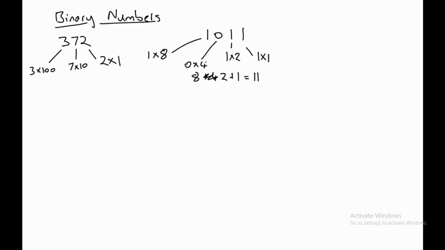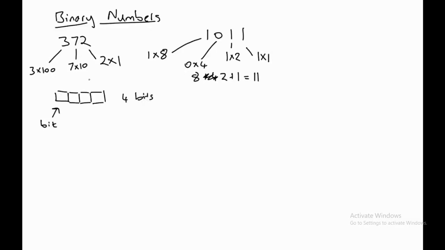Now the reason this is important is because the computer's memory is organized as a series of cells. You can think of it as a series of cells like this, and each cell is called a bit. So let's label one of these a bit. We've got 4 bits here.